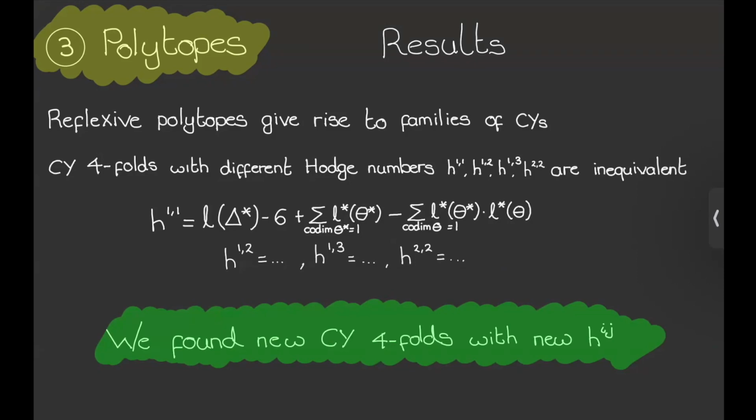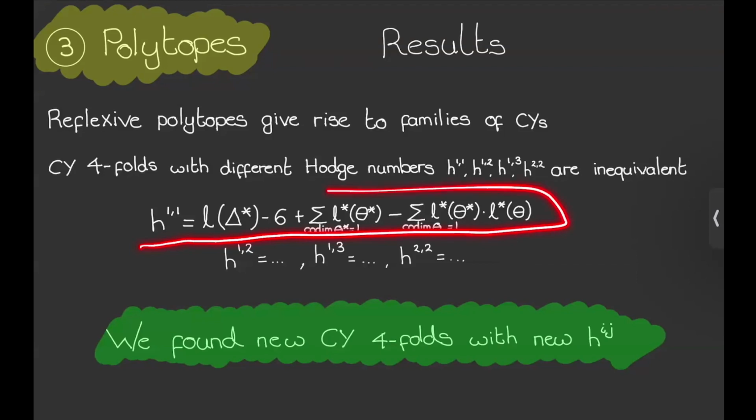So one of the ways to compare Calabi-Yaus is to look at their topological invariants. One of the topological invariants you can get directly from the polytope information is the Hodge numbers. So this is one of the formulas to get the Hodge number of a Calabi-Yau fourfold from its polytope information, and there are similar ones for the other Hodge numbers.